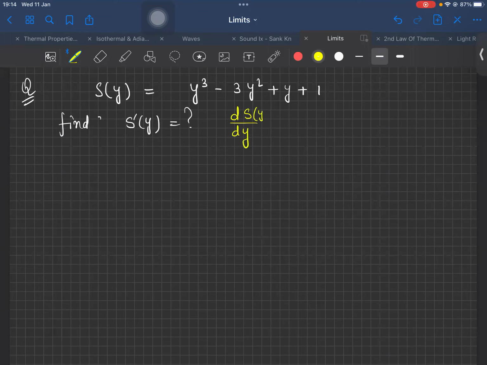Of course, s is a function of y. Now replace this with d upon dy of s of y. s of y is what? y cube minus 3y square plus y plus 1. Now use the addition rule.